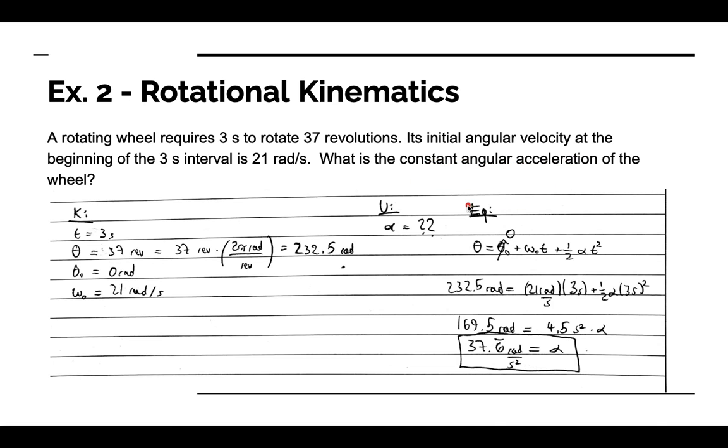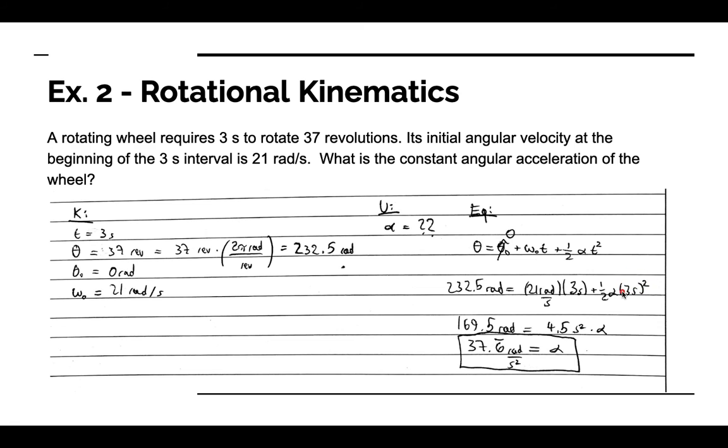We identified that the equation we need is final angular position equals initial angular position plus initial angular velocity times time plus 1/2 angular acceleration times time squared. That's a mouthful. So we get 232.5 radians equals 21 radians per second times 3 seconds plus 1/2 of the angular acceleration times 3 seconds squared.